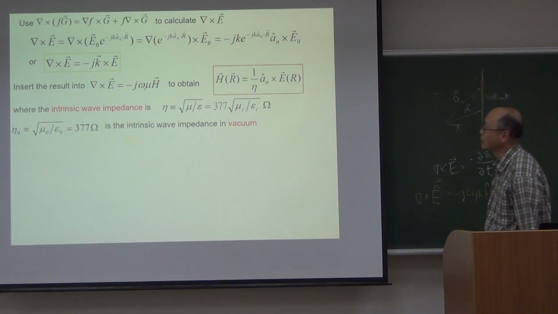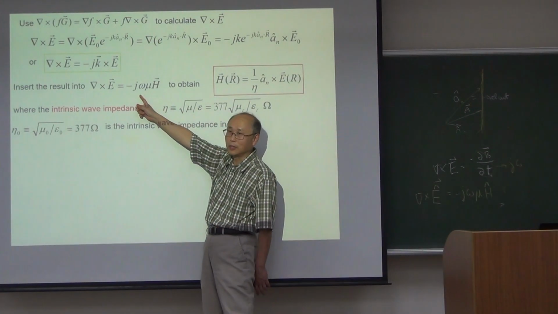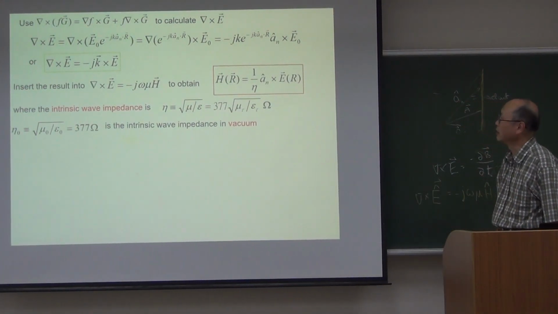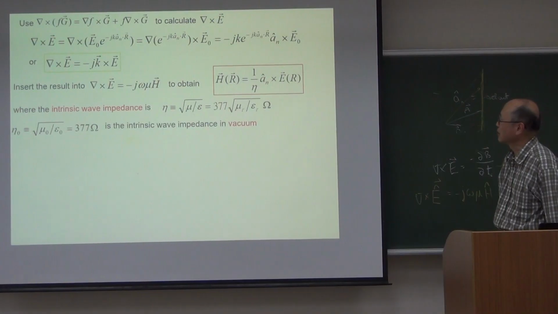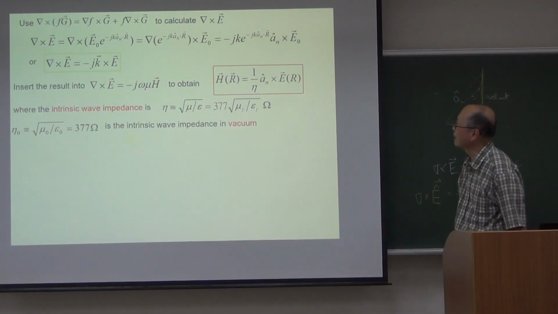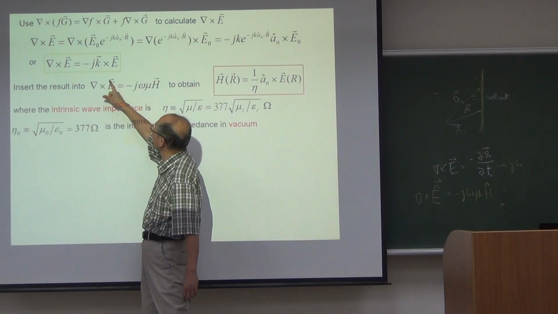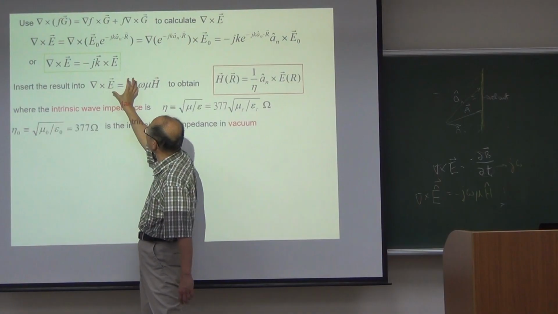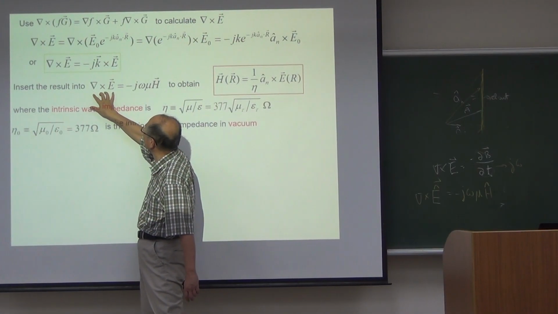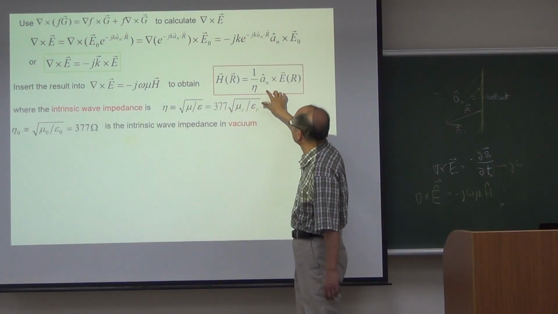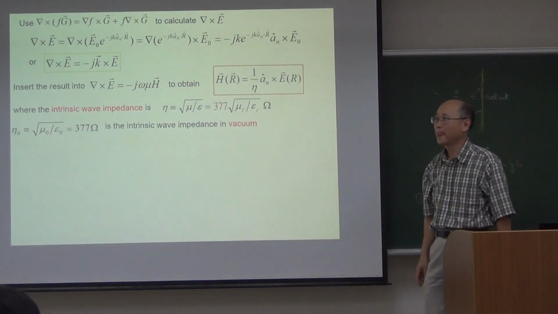Therefore we have such an expression from Faraday's induction law, and if you combine it with the earlier expression, just put this into this location, you end up having this relationship.